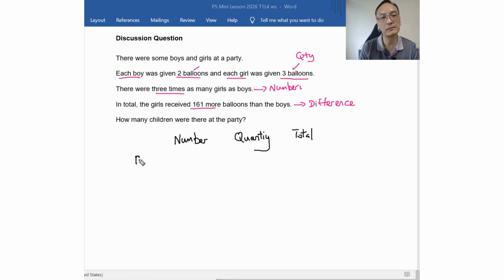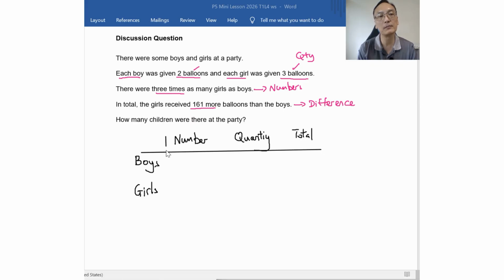Here we have the boys and the girls. So all we have to do is, based on what we have underlined and highlighted, put the information into this table. Okay, let me organize this table further to make it easier for you to see.